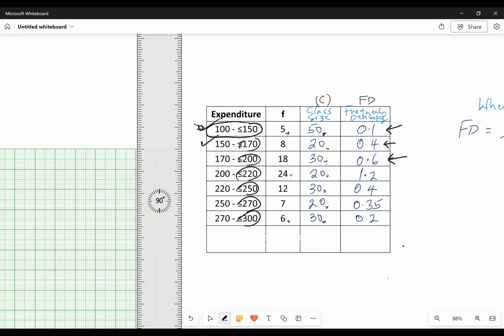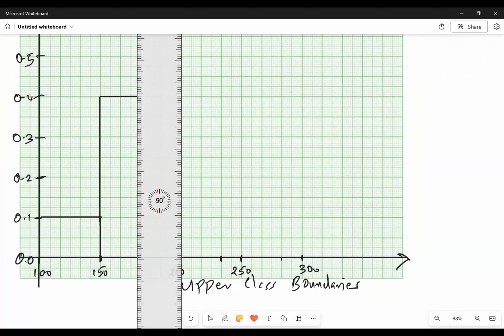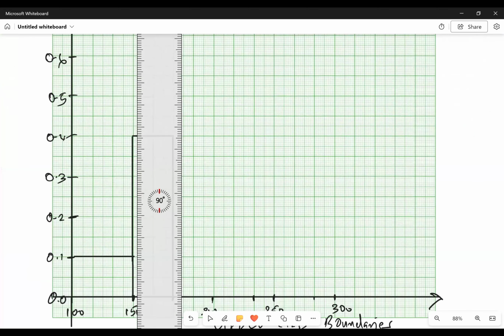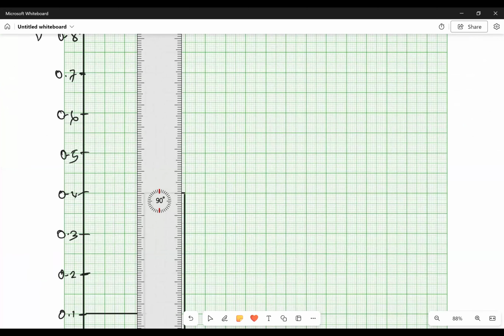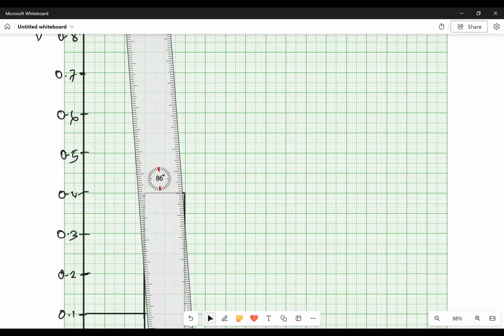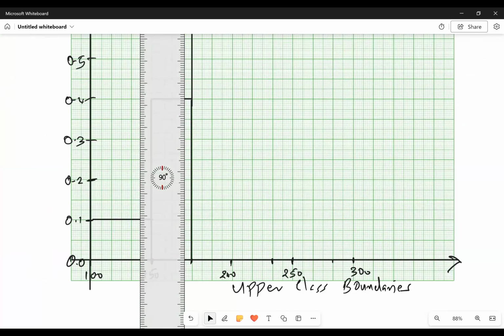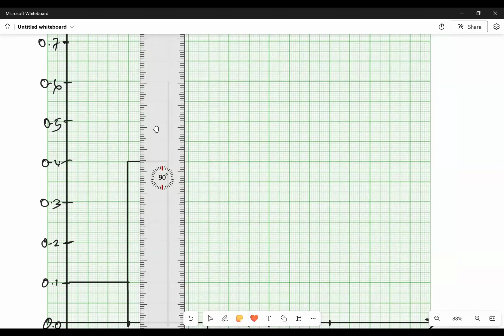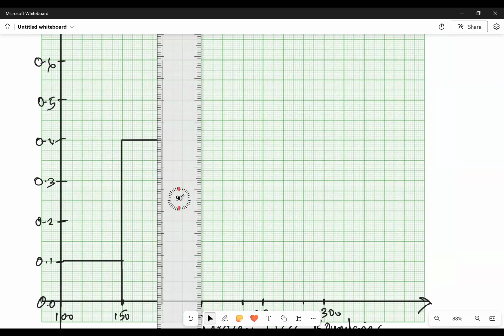So 170 to 200 is 0.6. So I come back here on my graph. I look for 200 and 0.6. 0.6 is here. Wow. Everything is laid out for me. I wish the examiner brings this very one so that my students just say it through. So now I put this one here, like this.